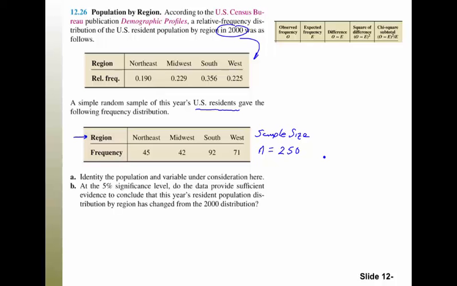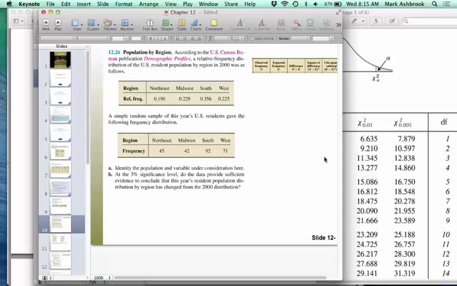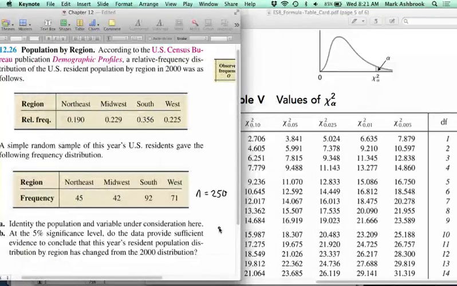Okay, I'll put the chart up now. Last chance for questions on this one. Are we okay? Are we good?